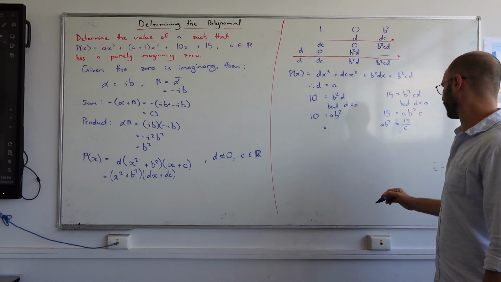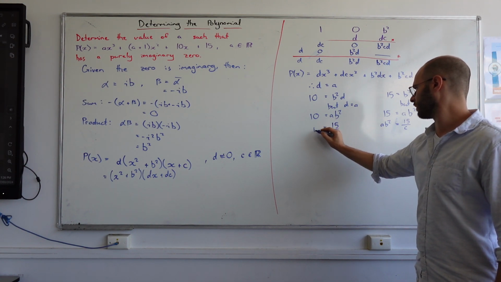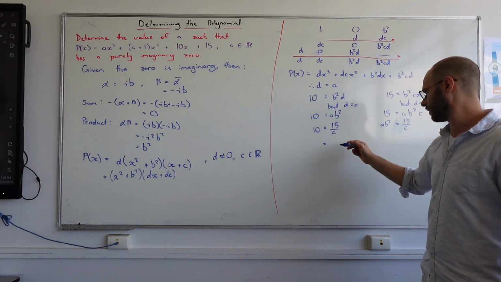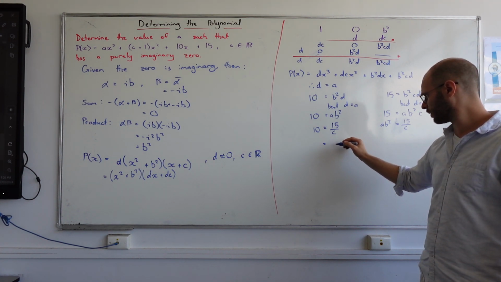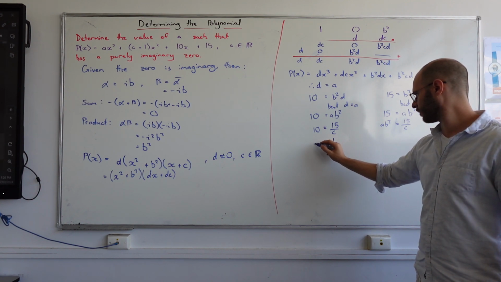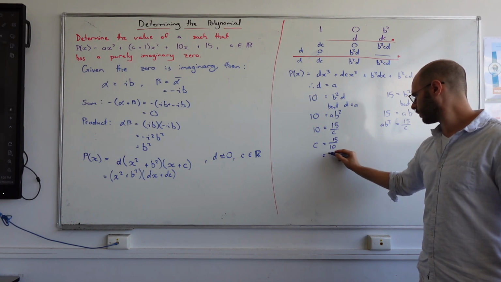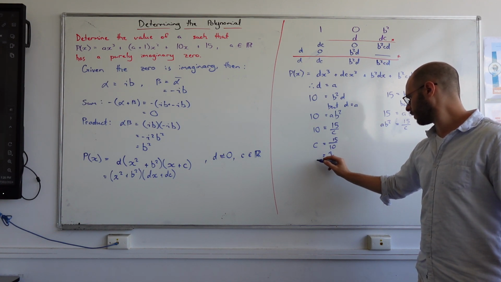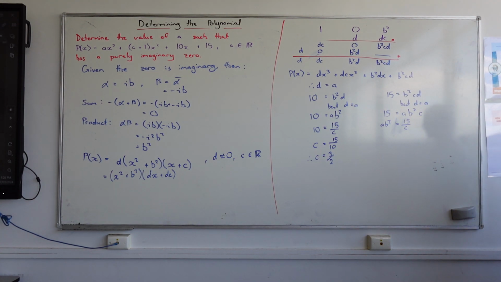This is 15 over c, which is 10, which means that c has to be 3 over 2. Does that make sense? Yeah.